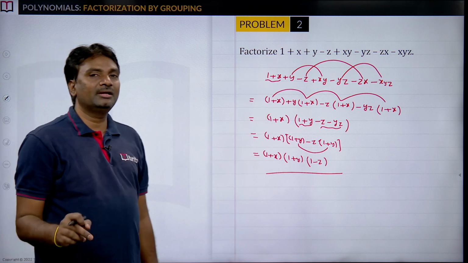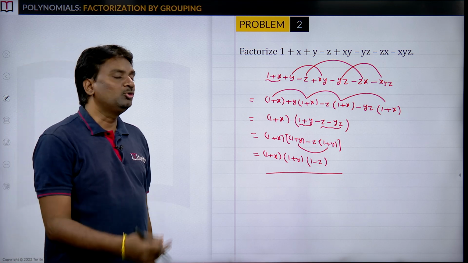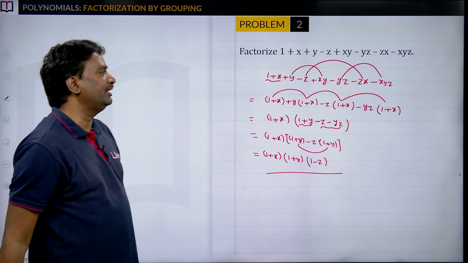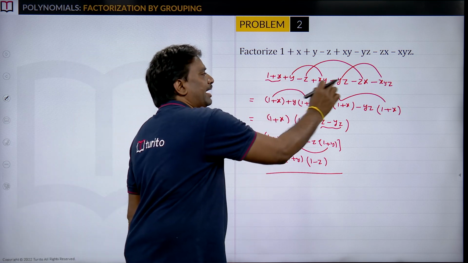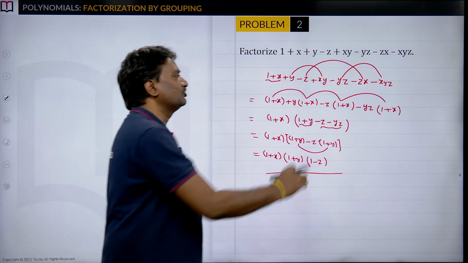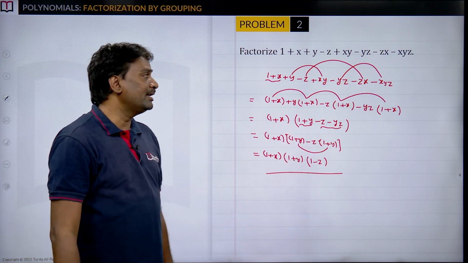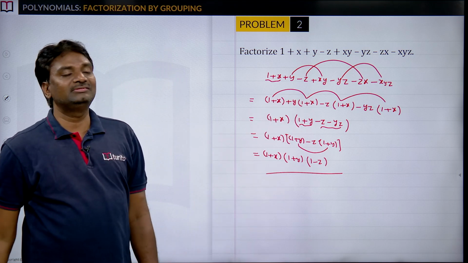So, since all the terms of the given polynomial do not have a term in common, I have grouped the terms. From y plus xy take y as common, from minus z minus zx take minus z as common, from minus yz minus xyz take minus yz as common. Again, by observing these terms, clearly 1 plus x is common.